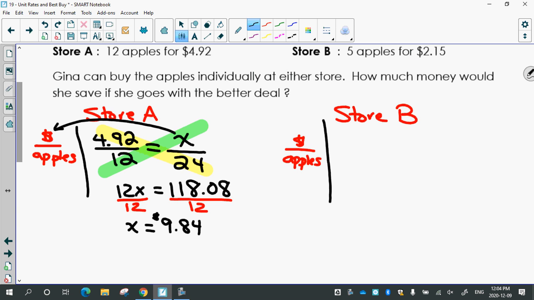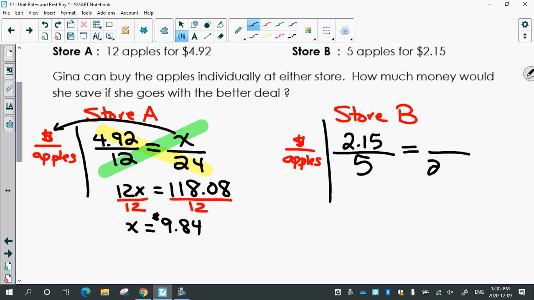So we don't yet know whether it's cheaper at store A or store B. We have to go and do the proportion for store B to figure out how much 24 apples cost at store B. Okay, so for store B, we know it's $2.15 for 5 apples.